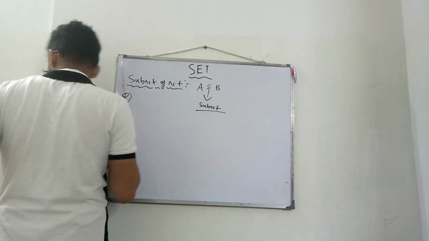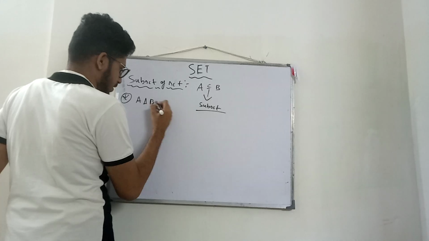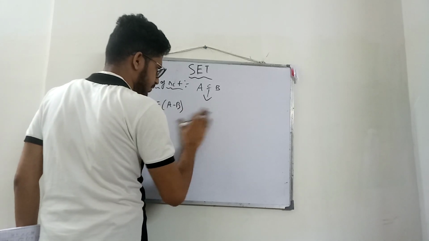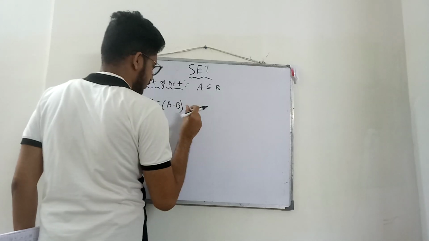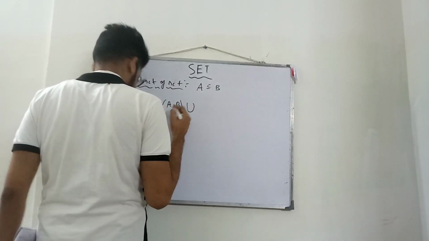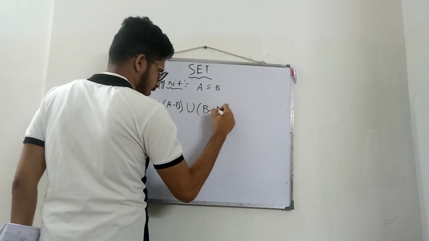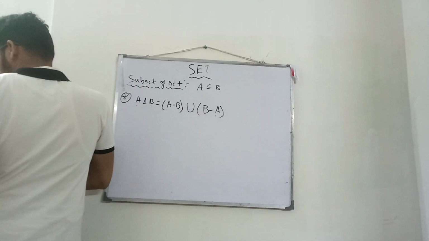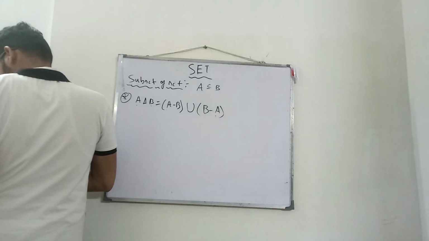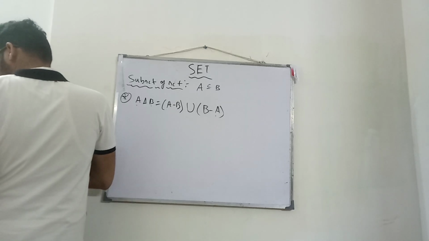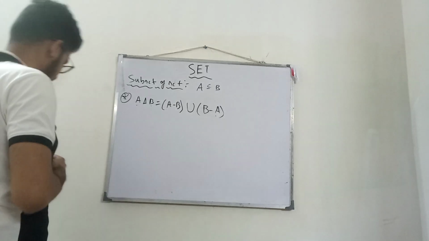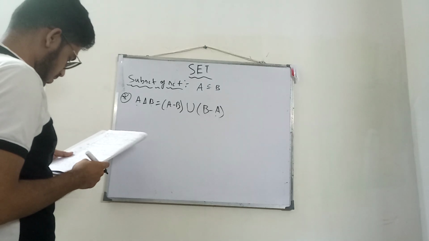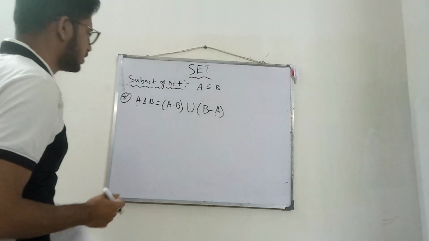Suppose A subset B, then A minus B union B minus A, like this. I think this much is enough.